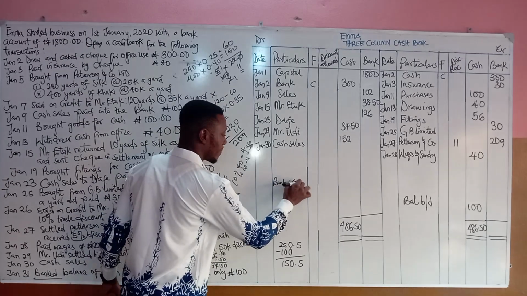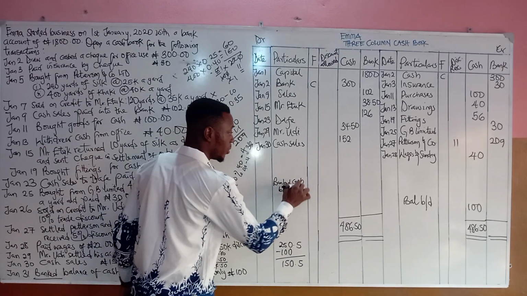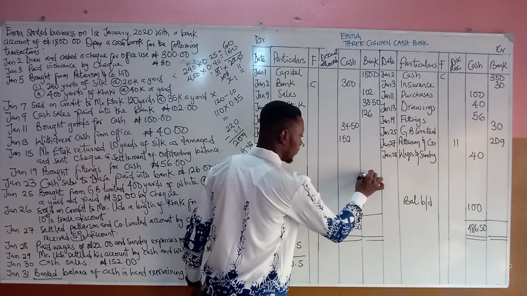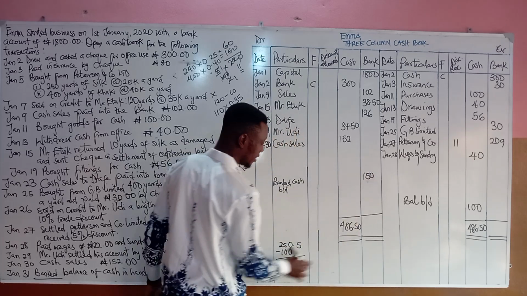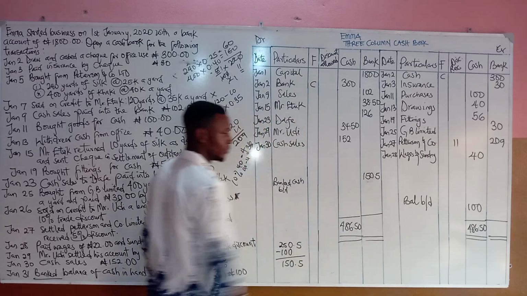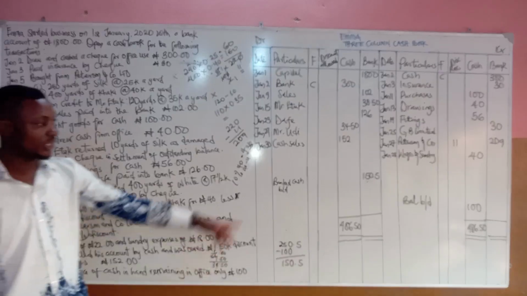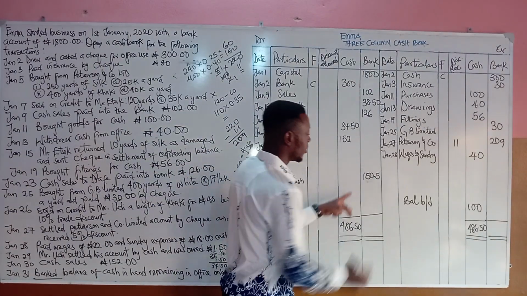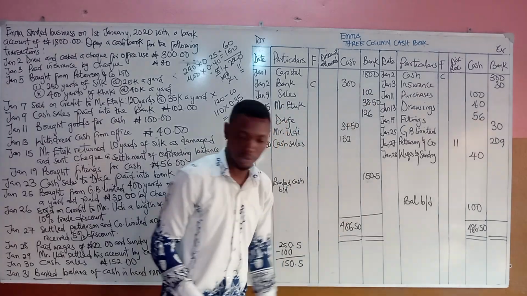Banked cash brought down, we have 100, so I'll put the 150.5. Do we understand? Because it increases what we have here. Now we'll add all of this together.